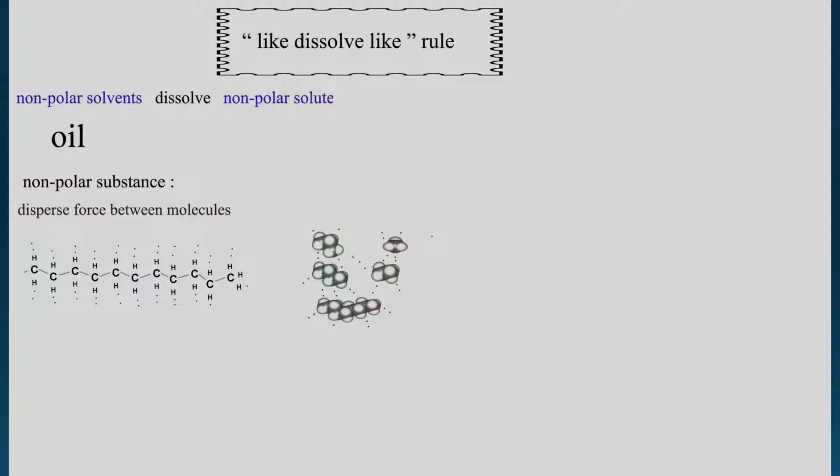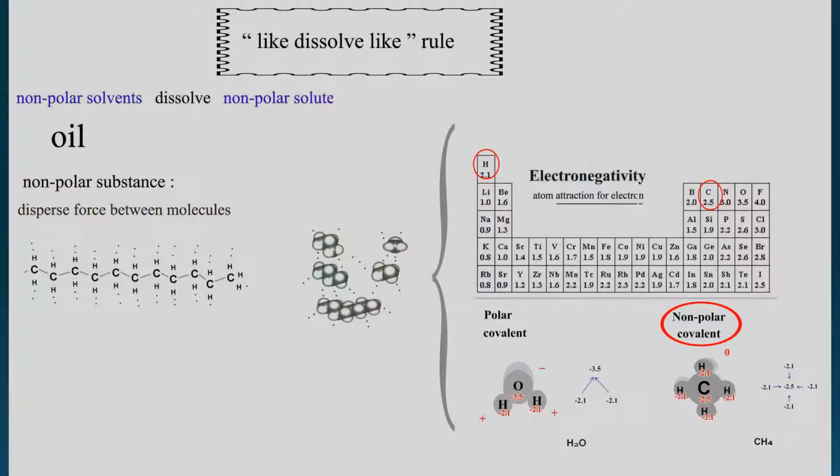Let's explain further. Go back to the electronegativities. Hydrogen and carbon have a very symmetric electron pull. So all electrons go towards the center with no electrons being distributed unevenly.